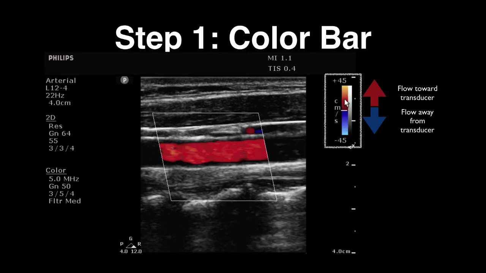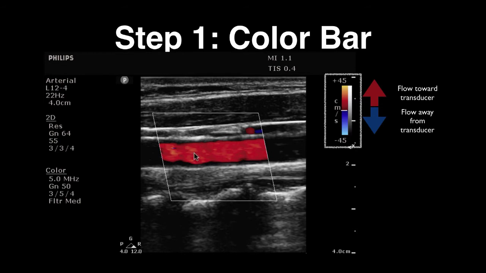Here we've got the reddish hues above the line, so that means that flow velocities towards the transducer will be assigned a reddish hue, with these lighter colors being the higher velocity signals. And the bluish hues, with the lighter blue hues being the higher velocity signals, will be directed away from the transducer.